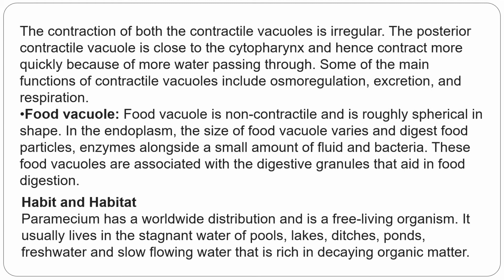The contractions of both the contractile vacuoles are irregular. The posterior contractile vacuole is close to the cytopharynx and hence contracts more quickly because of more water passing through. Some of the main functions of contractile vacuoles include osmoregulation, excretion, and respiration.